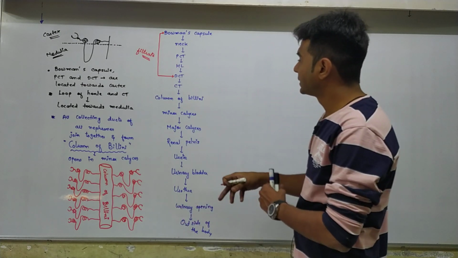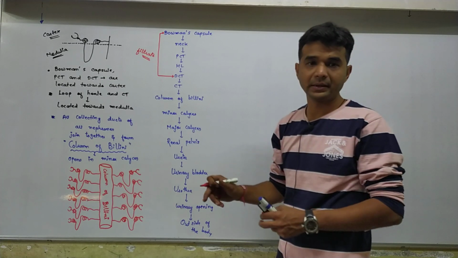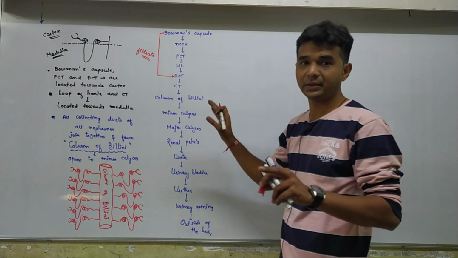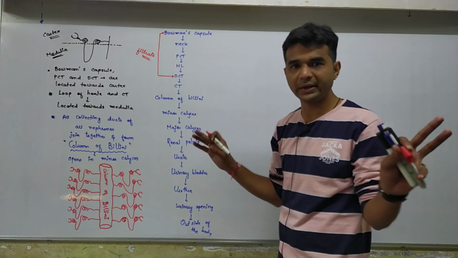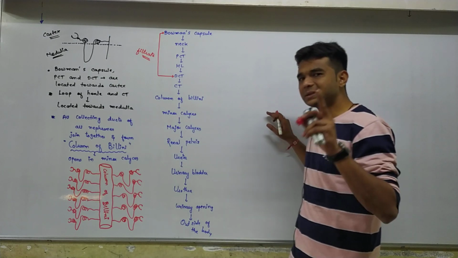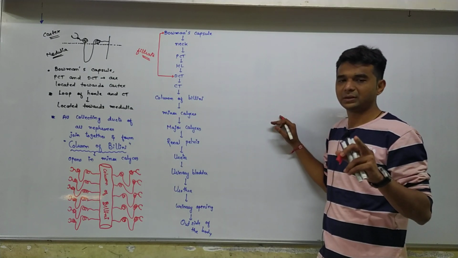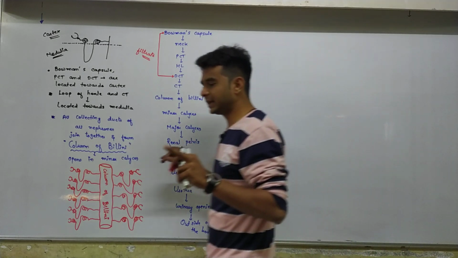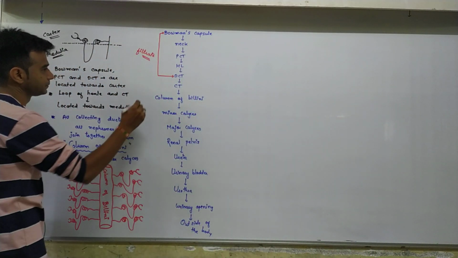Up to DCT, we use the word filtrate. Never use the word urine. The first site in the nephron where we use the word urine is the collecting duct.